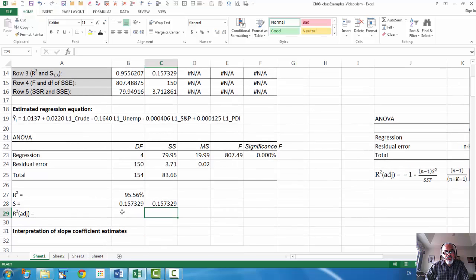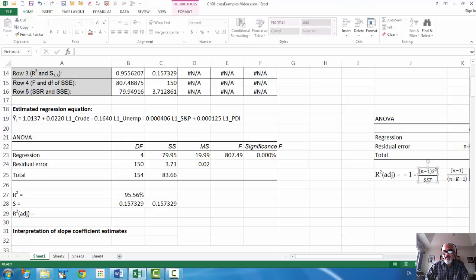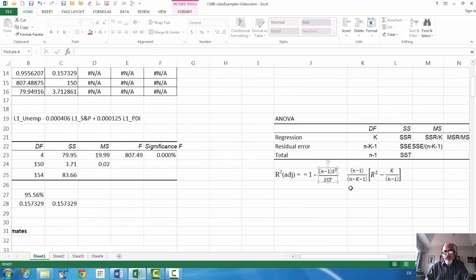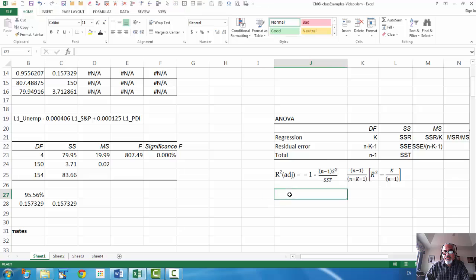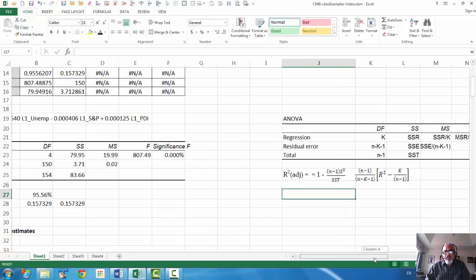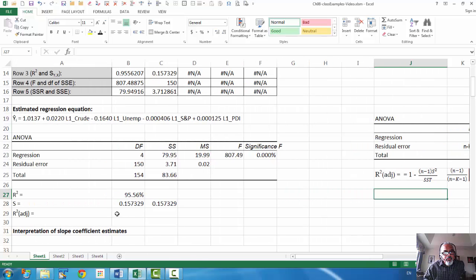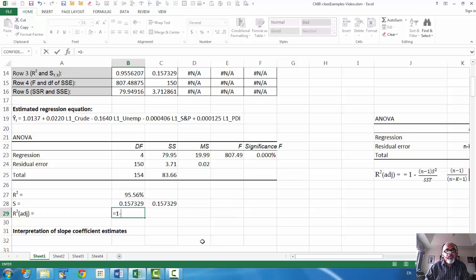Now adjusted R squared. We'll talk more about adjusted R squared in a little bit. So here is the adjusted R squared formula. You can use either one. This one is a little involved, and this one is a lot easier to apply. So let's first compute the adjusted R squared.